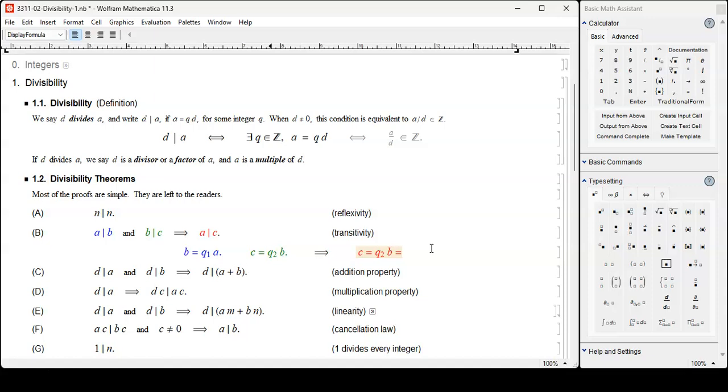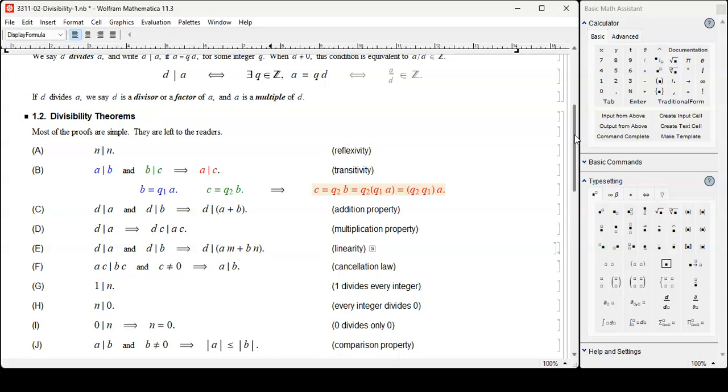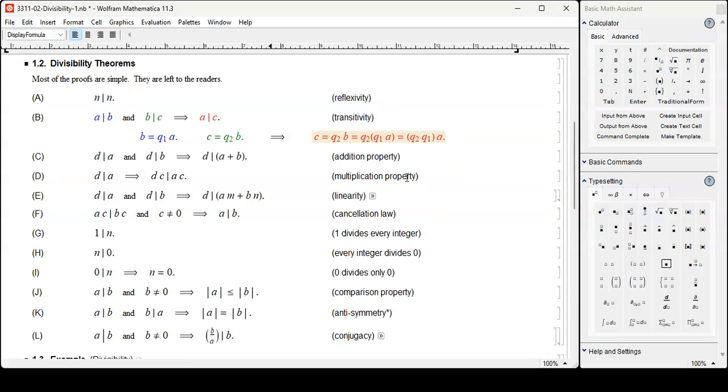B is q1 times A, so that's q2, which was there before, and q1 times A, and you can rewrite it as q2 times q1 times A, and what do you have? We have an integer times A. That completes the proof. Remember, if you start with two different characters, q1 and q2, you can't get it wrong here.